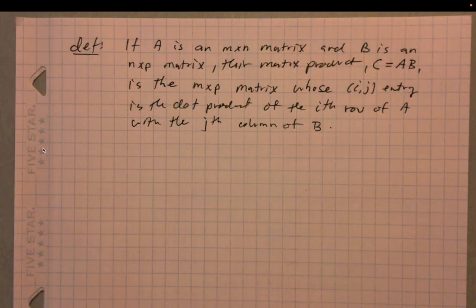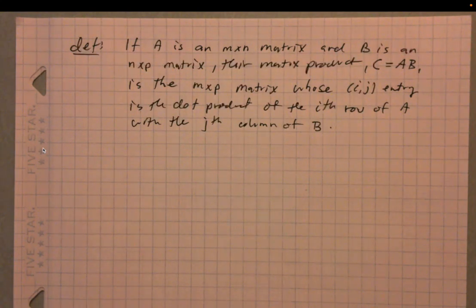The new matrix is built entry by entry using the dot product, where the ij entry is the dot product of the ith row of A with the jth column of B.